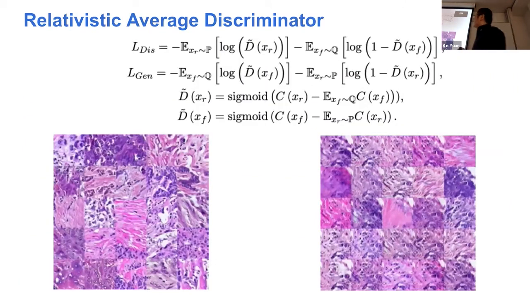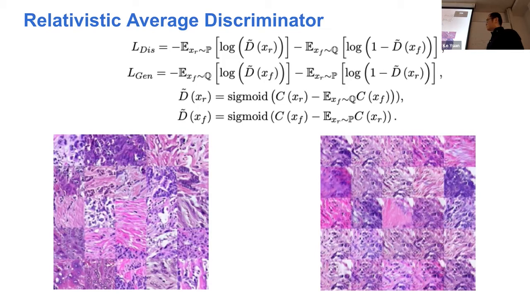Here I just want to point out a technical detail for the GAN: the loss that we use is a slightly different version than the hinge loss that is mostly used. Our experience is that with this relativistic average discriminator, the training becomes much smoother.